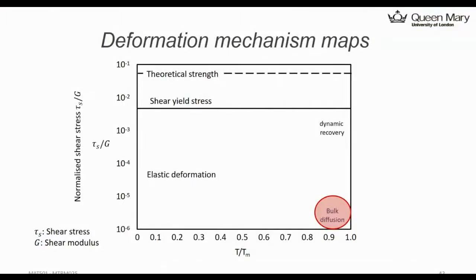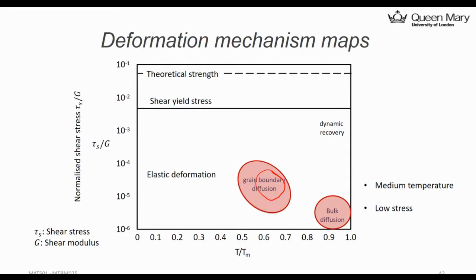So we are looking at the high temperature, low stress giving us the bulk diffusion. How about if we have a medium temperature around here, and apply still low stress? That is called grain boundary diffusion.